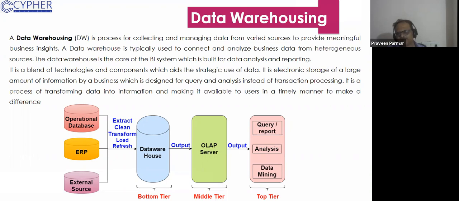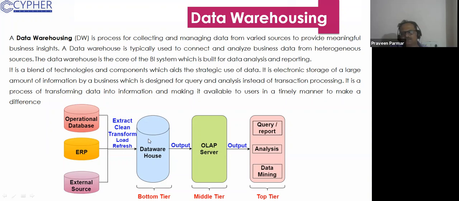Data warehousing. We get data from various data sources in a company, like through the ERP you get the operational database, and from some other sources, the external source is also there. All this data we keep in a data warehouse, like the storage warehouse we use for grain.